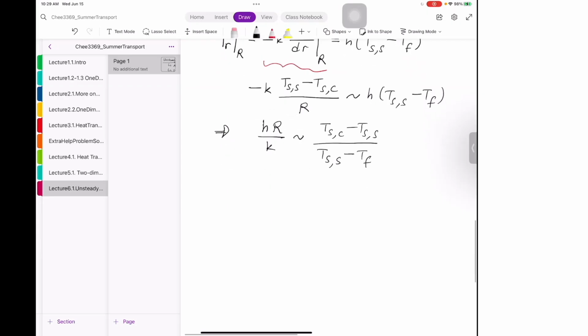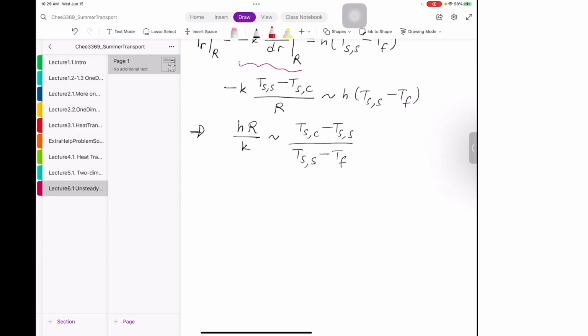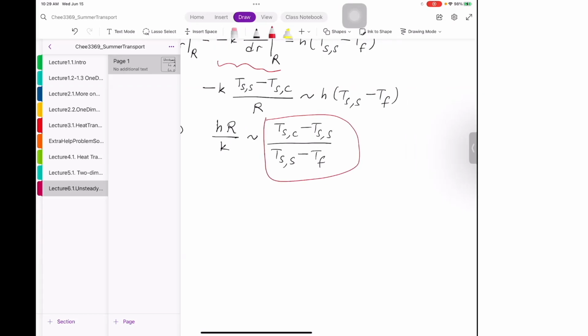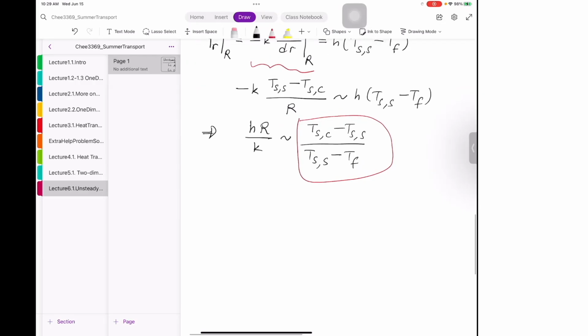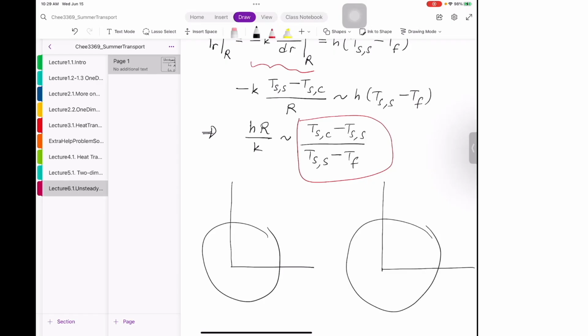But what does this mean? Let's have a look at this thing. It's basically a number that I'm actually looking for, because you can think about two different cases. You have the sphere. This is the temperature axis. This is the R axis.